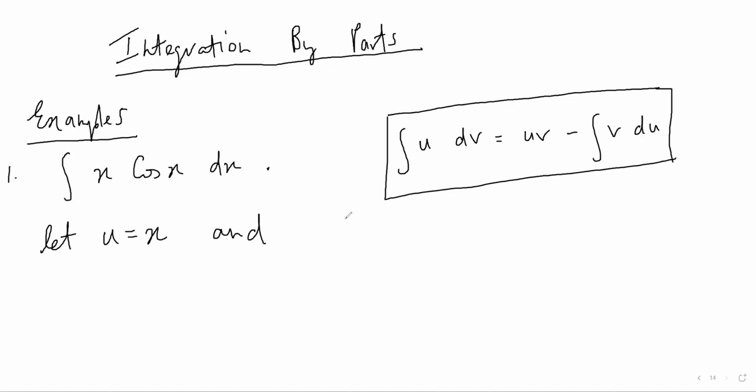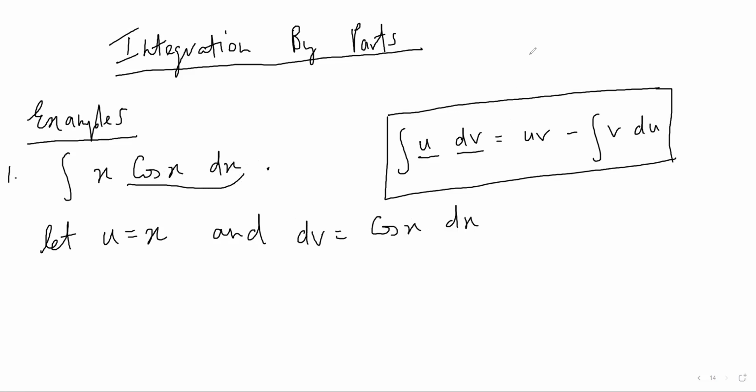Since I've let u be equal to x, I must now assign dv to the remainder of this integral, which is cos x dx. So let u be equal to x, and let dv be equal to cos x dx.